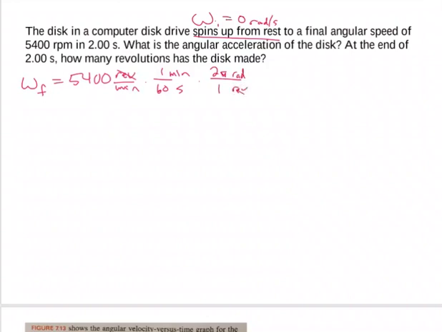Now the revolutions are legitimately gone, the minutes are gone, and I'm left with radians on top and seconds on the bottom, which is what I wanted. When I multiply this out, significant figures gives me 565 radians per second.